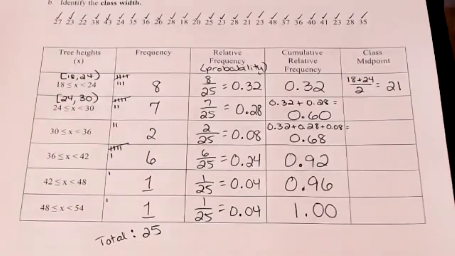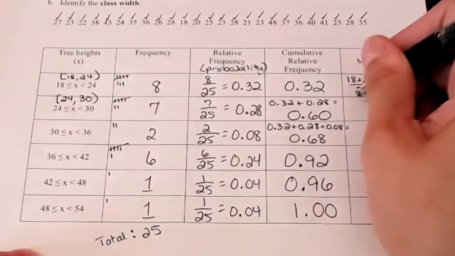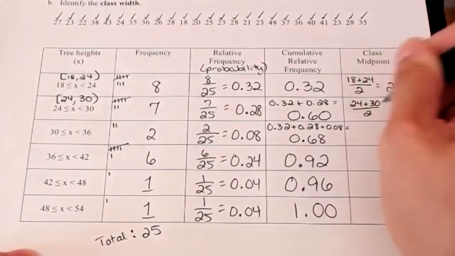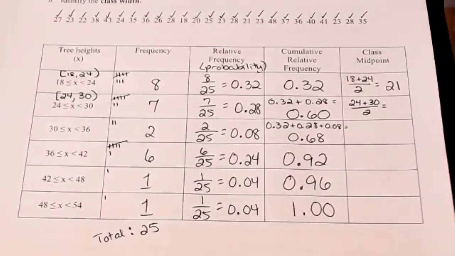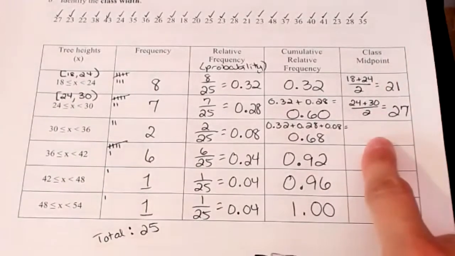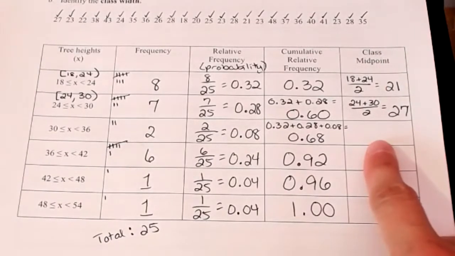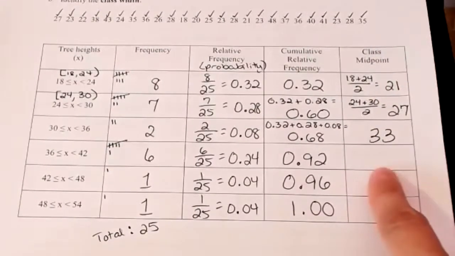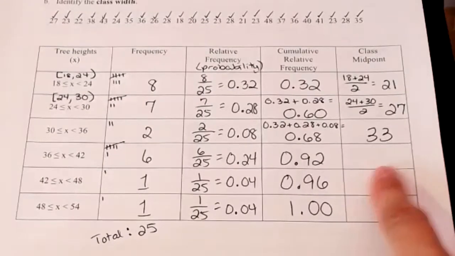And that's a process you're going to take for each of these. So we have 24 plus 30, and then you divide by 2. So you're looking for the exact middle. 27. Yeah, thank you so much, 27. What's the next midpoint? 33. Beautiful. The one after that? 39.